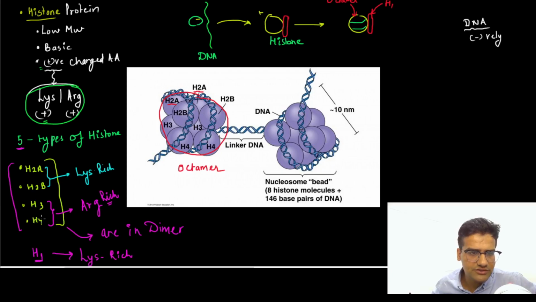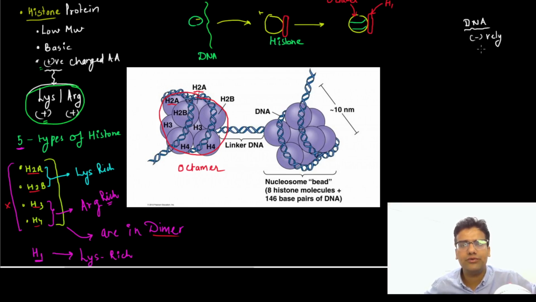That means all these units H2A, H2B, H3, H4 are present 2 times, in dimer form. That means H2A will have 2 units, H2B will have 2 units, H3 will have 2 units, and H4 will have 2 units.